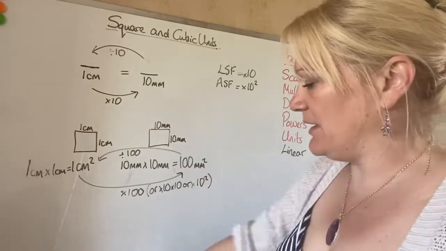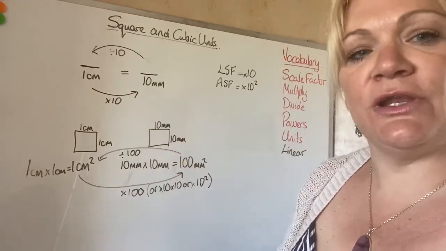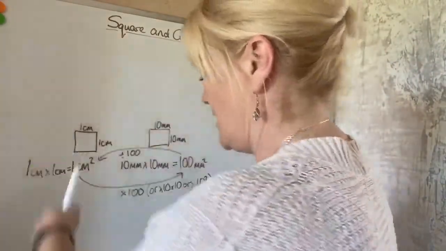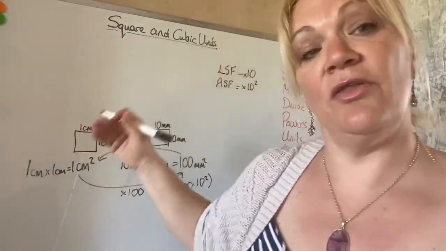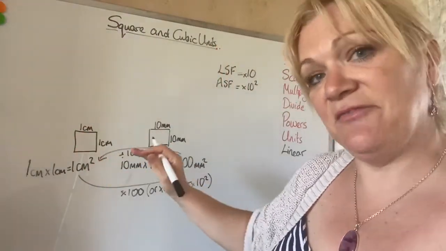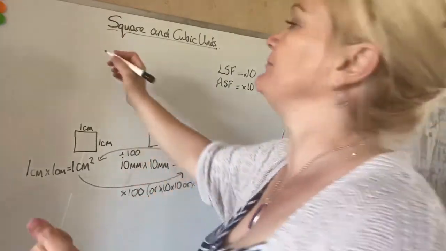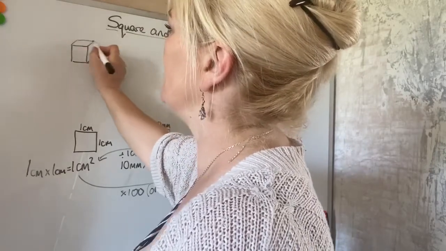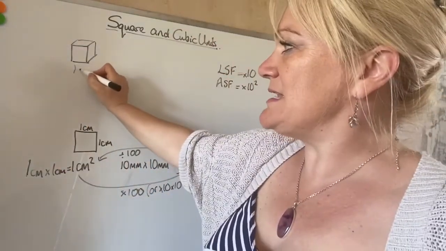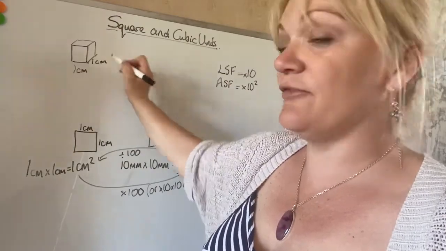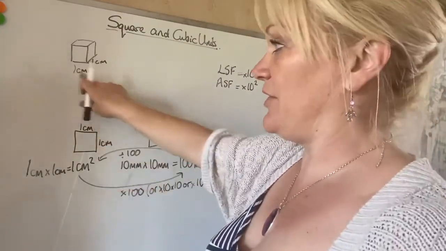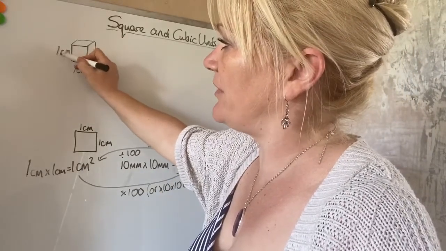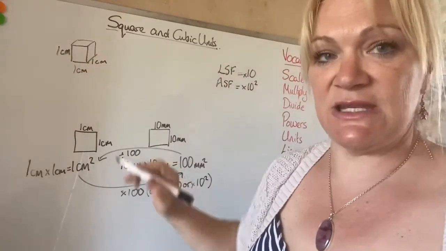Now the same thing applies when we come into volume. I'm going to have to rub this one out to make space. So if I now wanted to have, rather than lines or squares, cubes, just like that, my 1 centimetre over here, to find the volume, I'm going to do 1 centimetre for the width or the base times 1 centimetre for the height times 1 centimetre for the depth.